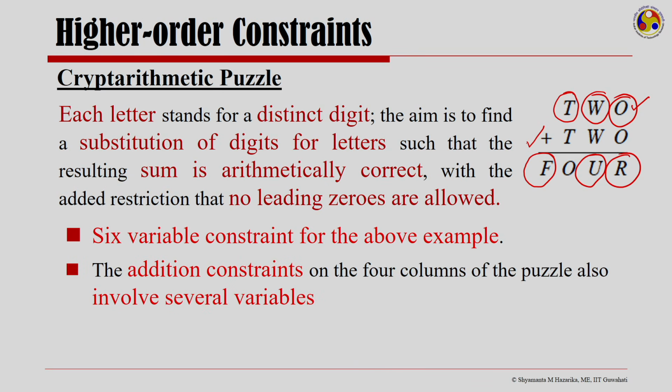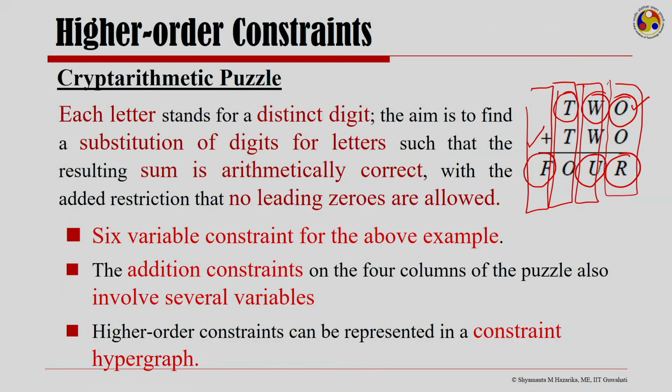The addition constraints on the 4 columns of this puzzle also involve several variables. All of these create a higher order constraint, and they could be represented in a constraint hypergraph.